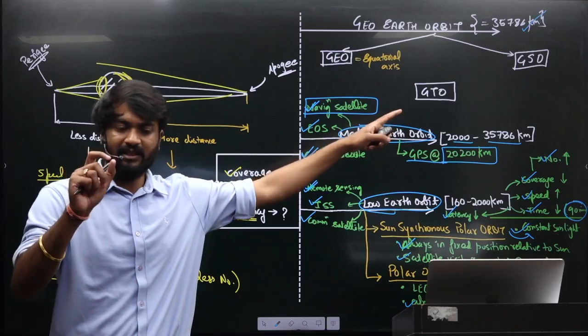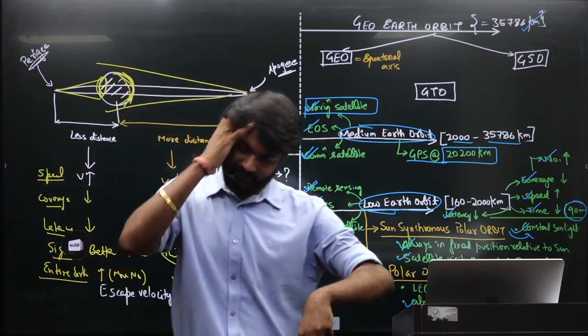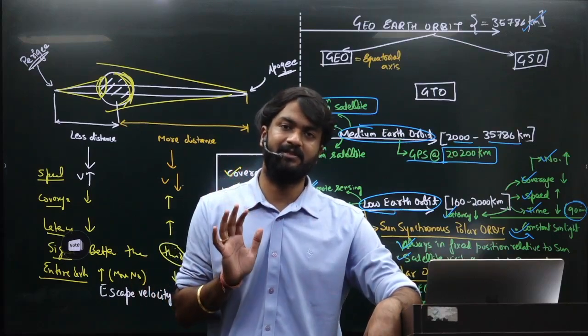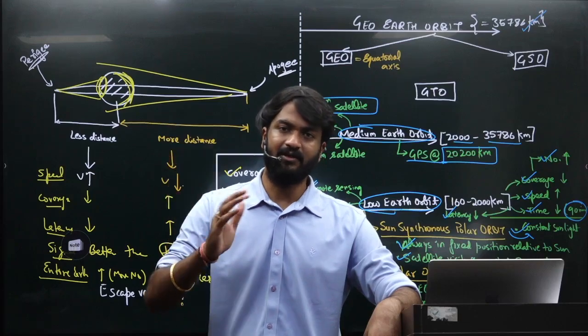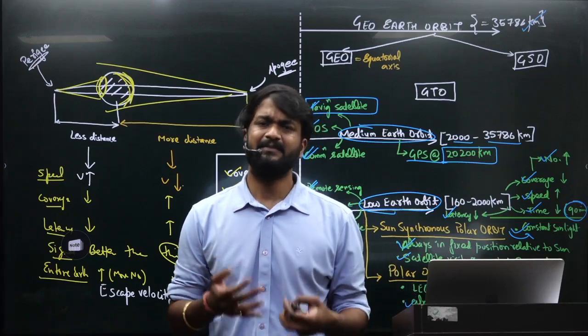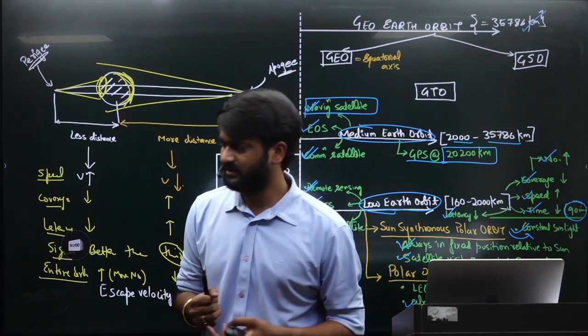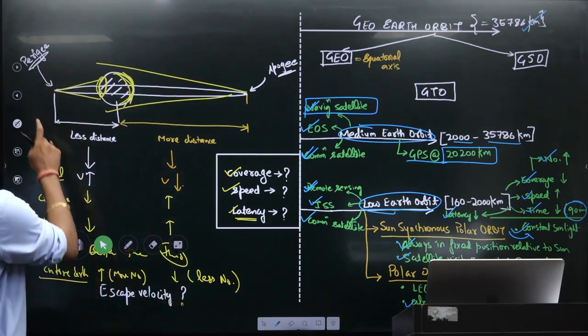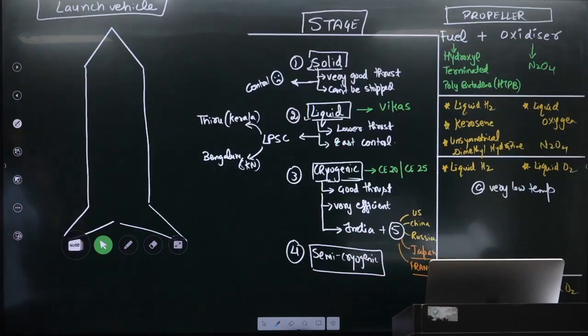Just remember one thing, our GSLVs, our PSLVs, all of them are putting the satellites in the transfer orbits first. Then they are maneuvered to shift to the stationary orbits, or maybe the synchronous orbits. Hardly matters, right? Only the inclination changes. Okay, let's move forward.